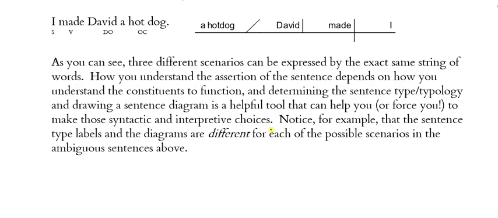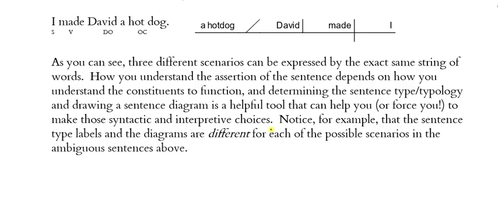How you understand the assertion of the sentence depends on how you understand the constituents to function, and determining the sentence type or the sentence typology and drawing a sentence diagram is a helpful tool that can help you, or at least force you, to make those syntactic and interpretive choices.